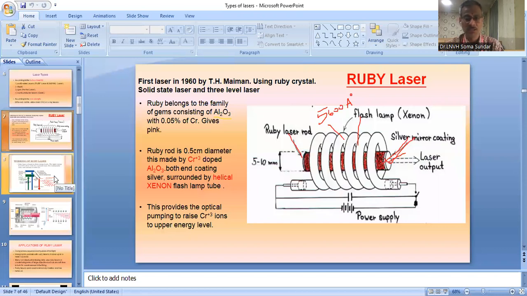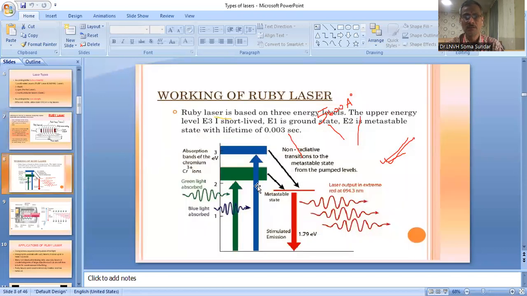This is the energy level band diagram. Here we have a ground state, an excited state, and a metastable state. In any laser system, apart from the ground state and excited state, there will be another state called the metastable state, which has a higher lifetime.